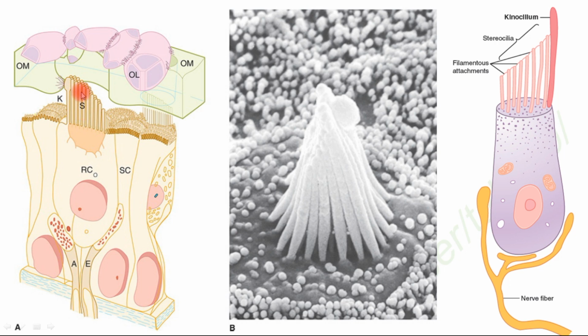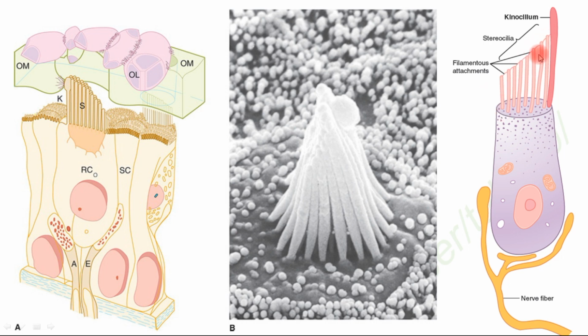When you see the structure of the hair cell, what you can see here is a single kinocilium, which is the largest cilia at one end of the hair cell, whereas there are 50 to 70 stereocilia, which go from increasing to decreasing height. The height increases from one end till it reaches the kinocilium.